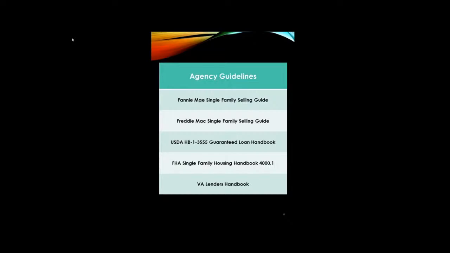So one of the overlays could be Fannie Mae and Freddie Mac ask for 1 month bank statement, but the investor needs 2 months. That's an overlay. It doesn't mean that you're wrong in the sense that it needs 1 month bank statement, but the investor your lender, your company is selling it to requires 2. So you do have to check everything. You have to check the agency guidelines and your investor sometimes that you're selling it to.